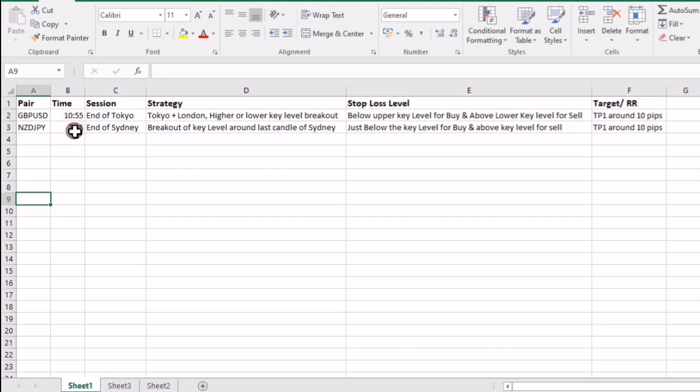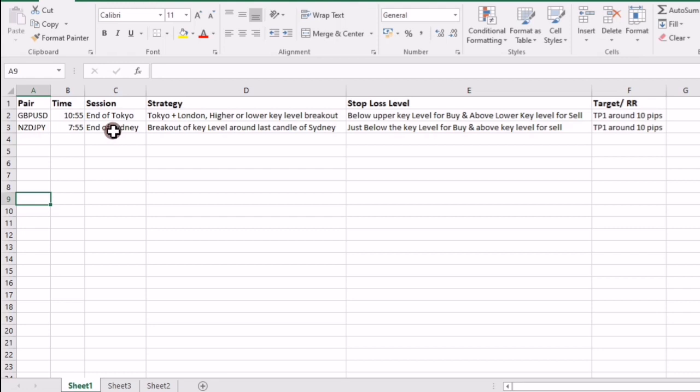If it's not around this time, I'm not even looking at it. I just go to other pairs. So let's say maybe the time is 7:50. I've opened my computer. I will only check for the pairs that are tradable around the time I've written here. So let's say it's 7:50, and then I notice that NZDJPY is traded around this time.